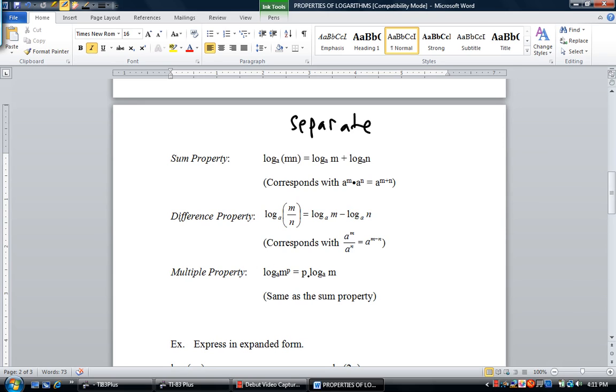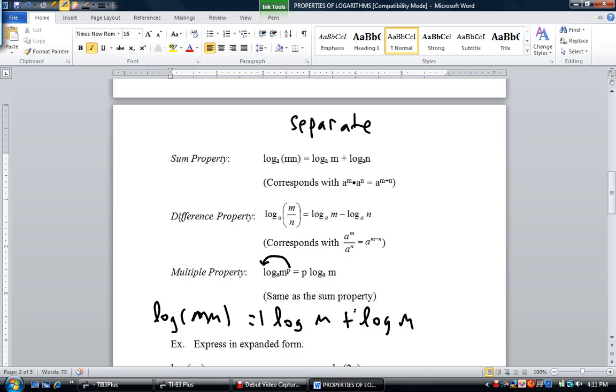Now this multiple property is actually the same as the sum property. What it's saying is that p, the exponent on the m, moves out in front. If you want to see quickly why it's the same, look at this example, log of m times m. By the first property we can write that as log m plus log of m, because we can separate multiplication by addition.